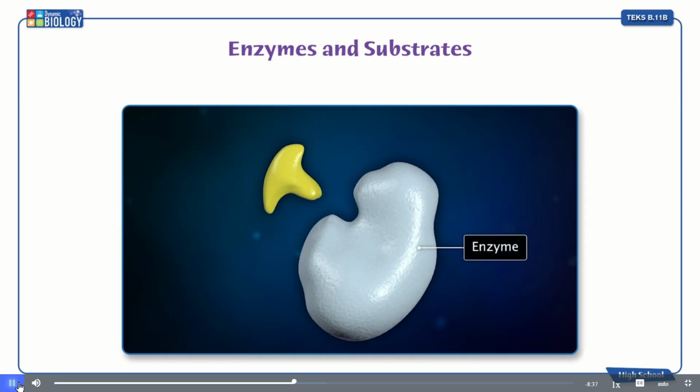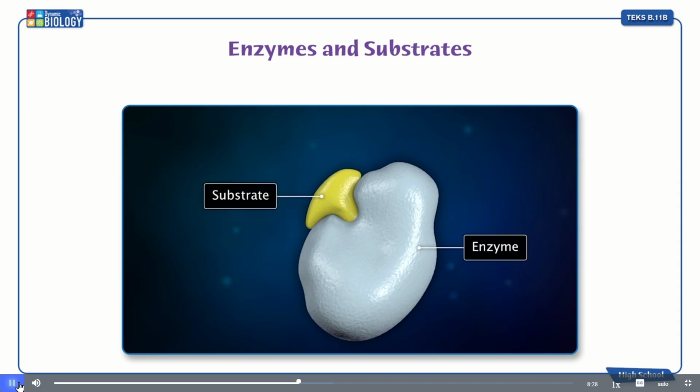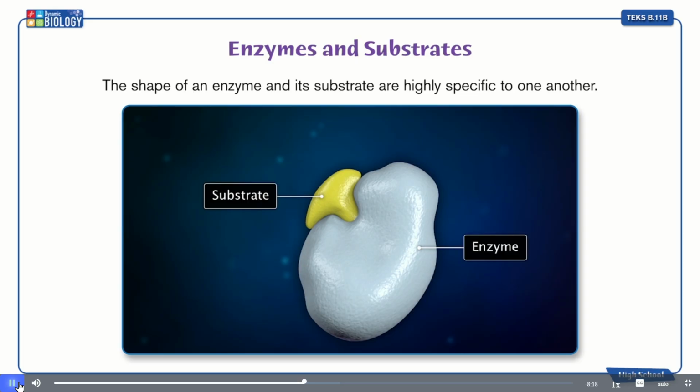You're watching an animation of a substrate binding the active site of an enzyme. Just as in the previous example, the enzyme and the substrate have shapes that allow them to fit together. This illustrates an important concept. The shape of an enzyme and the shape of its substrate are highly specific to one another.